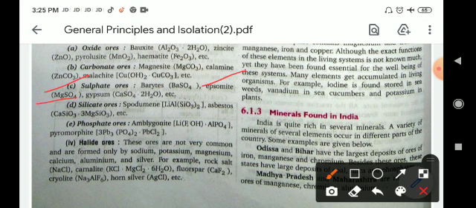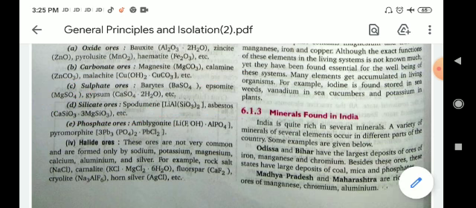These types of ores are known as sulfate ores. Next are silicate ores: spodumene, lithium aluminium silicate; and asbestos, calcium silicate with magnesium silicate, CaSiO3.3MgSiO3, etc.